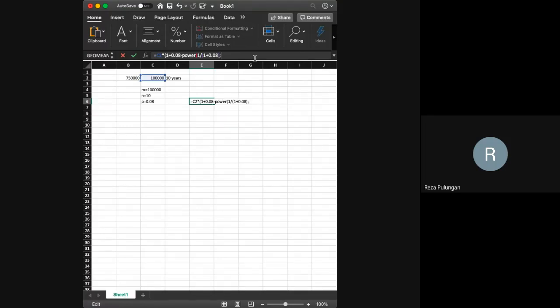This is n minus 1, so n minus 1 is 9. The whole thing is that, and this will be divided by 0.08.